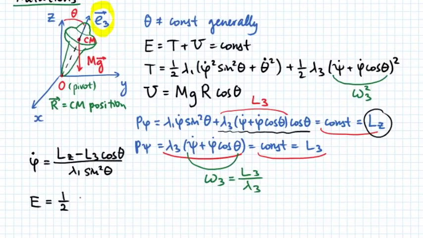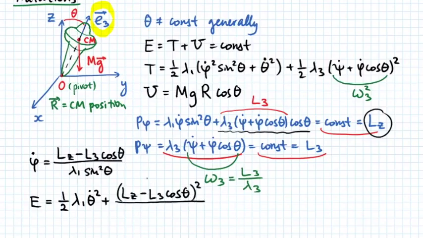From the first term of kinetic energy, we have half of lambda 1 times theta dot squared plus, and here we substitute phi dot, Lz minus L3 cosine theta, all of it squared, divided by 2 lambda 1 sine squared theta, plus, the second term of the kinetic energy becomes L3 squared divided by 2 lambda 3.